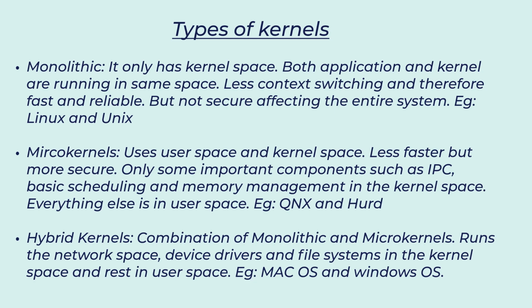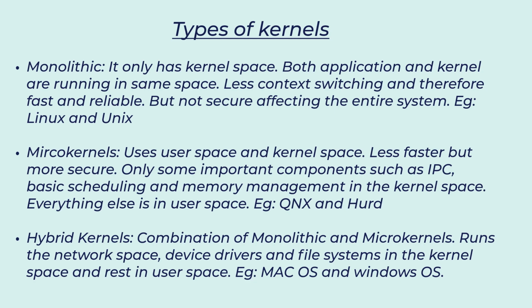Then come the hybrid kernels. It's basically a combination of monolithic and microkernels. Again over here we have a dedicated user space and a dedicated kernel space. In the kernel space we have the IPC, basic scheduling, memory management, and a few more operations: network stack, device drivers, and file systems.